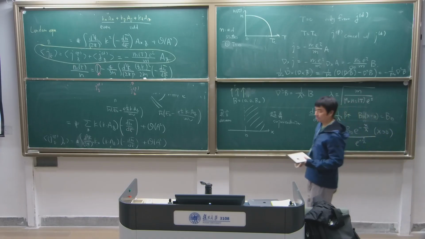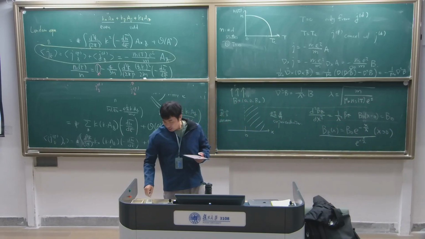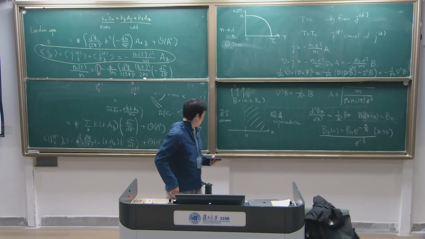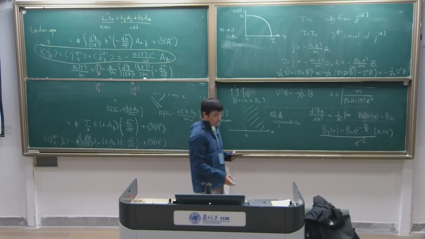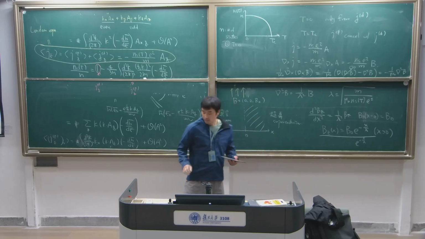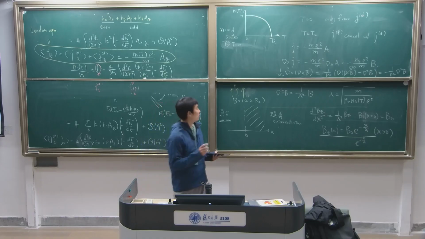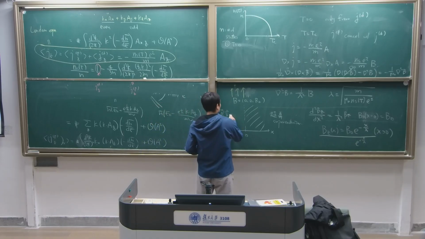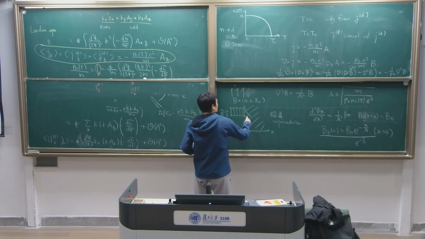So this means that, anyway, so I lost the relationship. So if you have a field in the vacuum, and then suddenly once you enter the superconductor it becomes exponential decay like this.